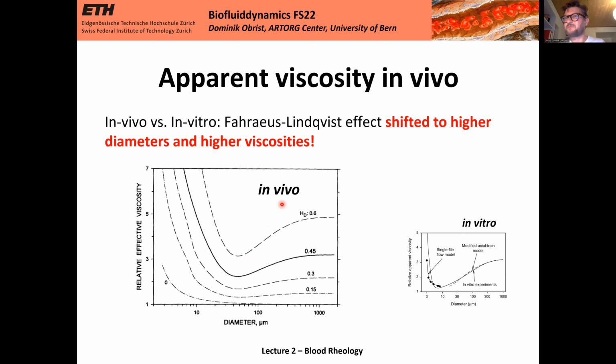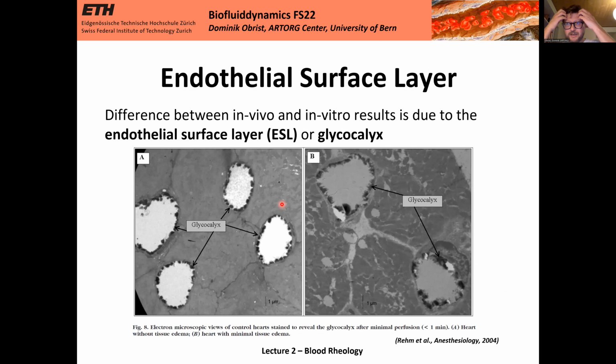The question, of course, is what's different? Why is an actual blood vessel so different from an in vitro glass tube? And this is the last topic I want to touch today, the endothelial surface layer, which was discovered mainly when we also had the right imaging tools. These are cross sections of small blood vessels, actually capillaries.